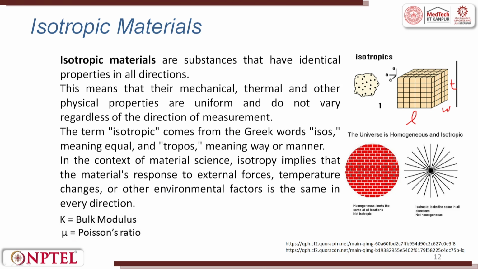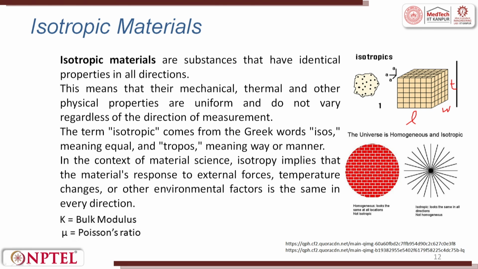What are isotropic materials? Isotropic materials are substances that have identical properties in all directions. This means that their mechanical, thermal and other physical properties are uniform and do not vary regardless of the direction of measurement.